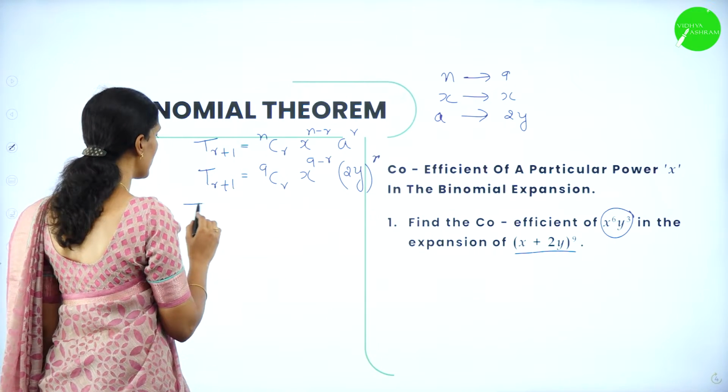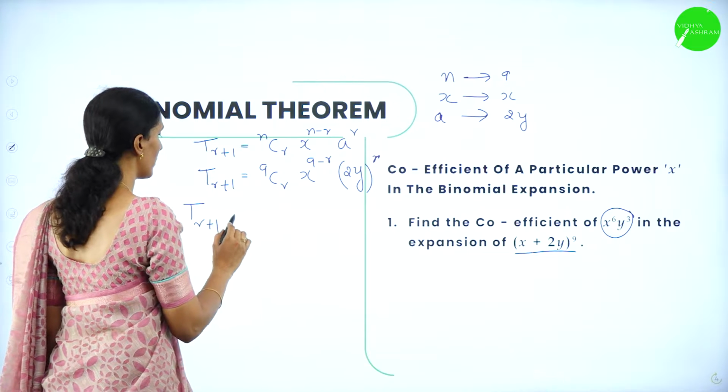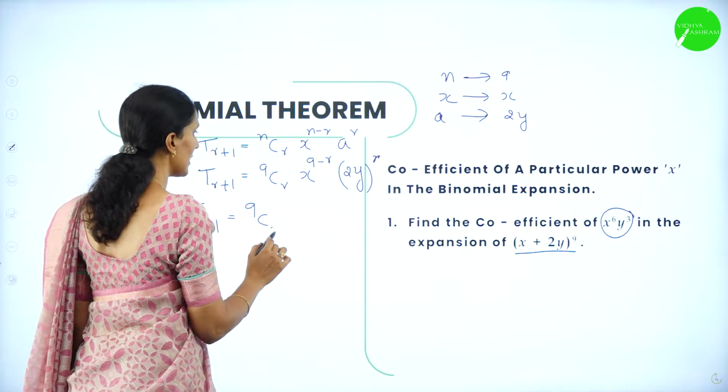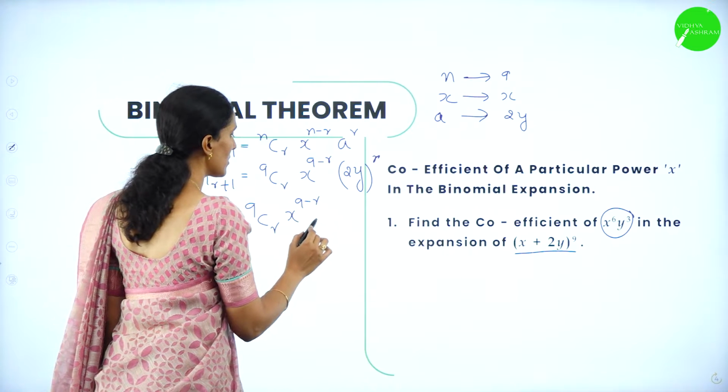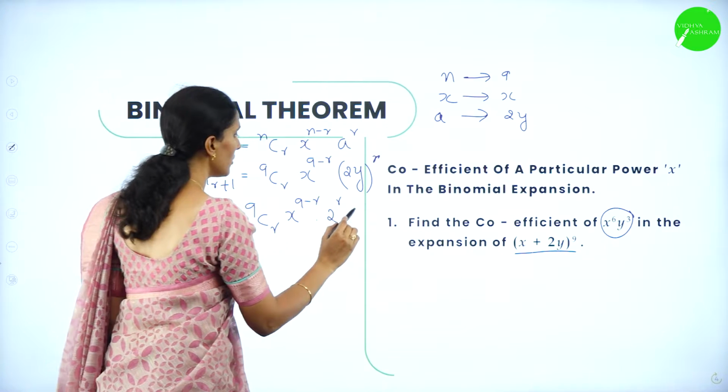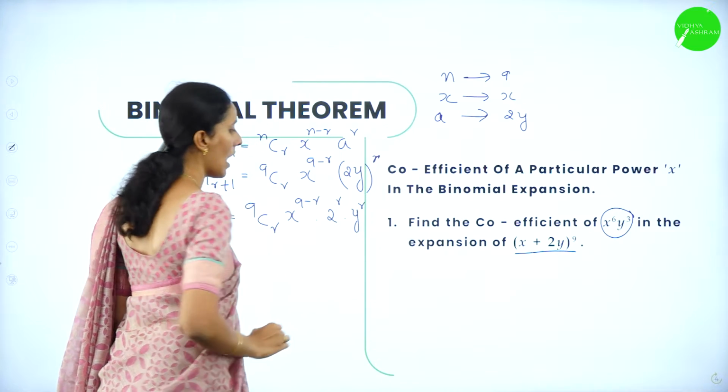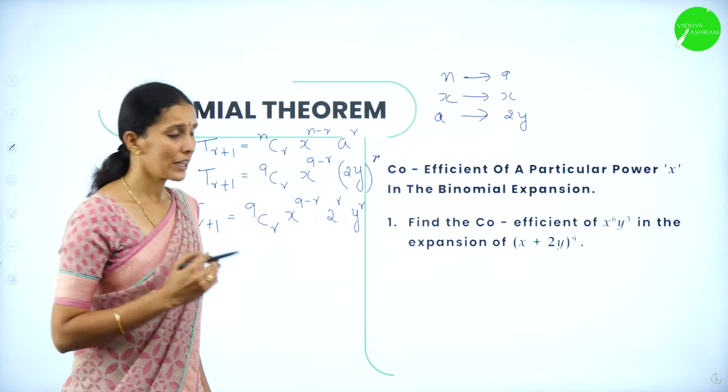So when you expand this, T(r+1) is equal to 9Cr x to the power 9 minus r into 2 power r into y power r.